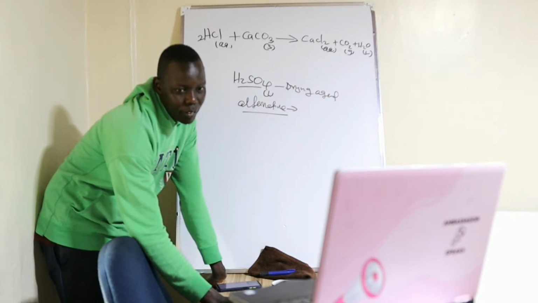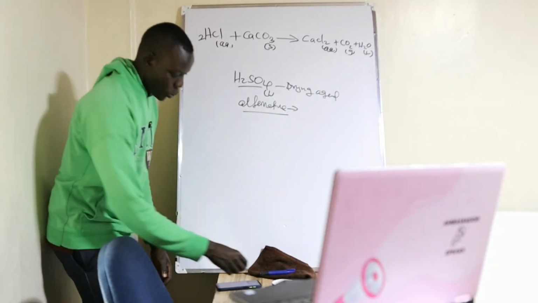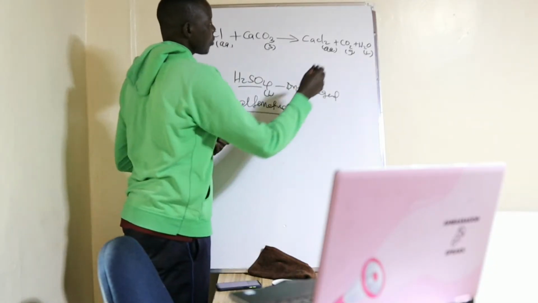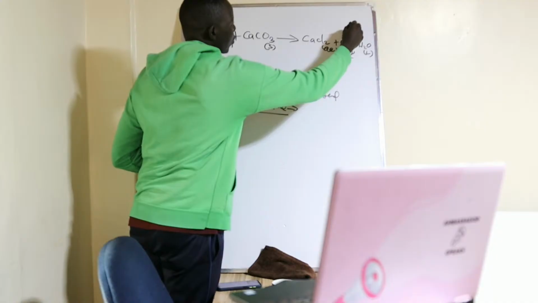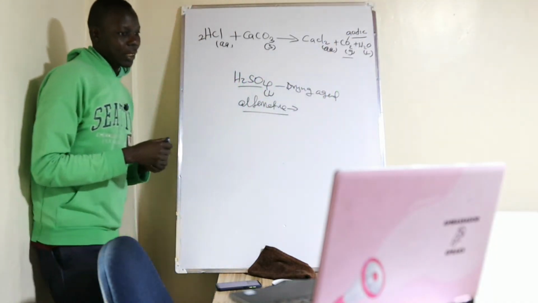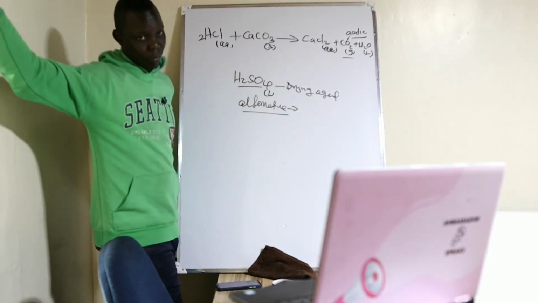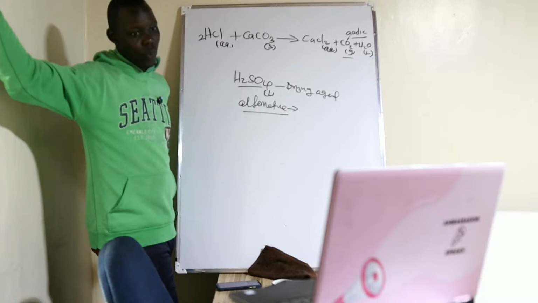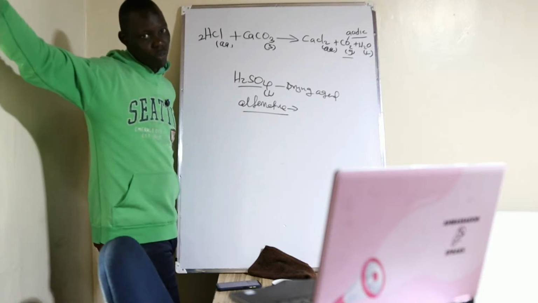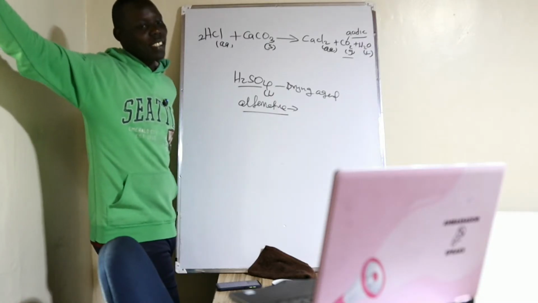Alternative, the gas produced, listen here. The gas produced is acidic. This one is acidic gas. That is acidic what? Gas. Being acidic gas, so the drying agent, first of all, you remove anything that is basic. So remove anhydrous calcium oxide.